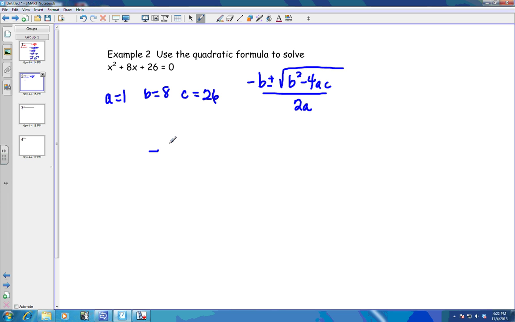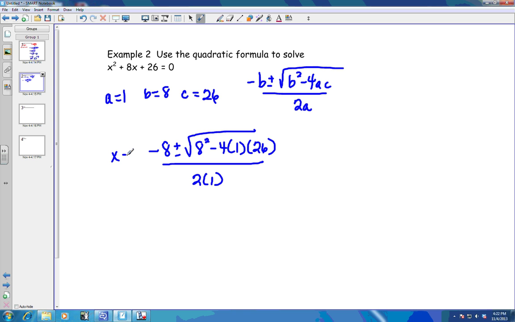So negative b, so negative 8 plus or minus the square root of b squared, so 8 squared, minus 4 times a times 26, all over 2 times 1.